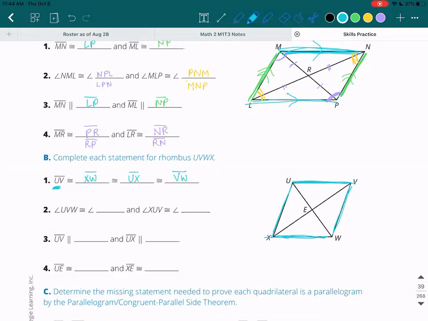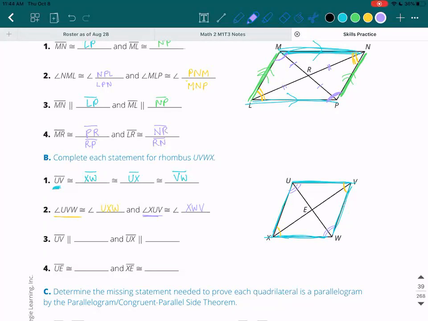Let's do the angles. Angle UVW, that's this one, is congruent to which one? UXW, the opposite one. And then the other angle, XUV, that's this one, is congruent to? XWV, good. Great job.